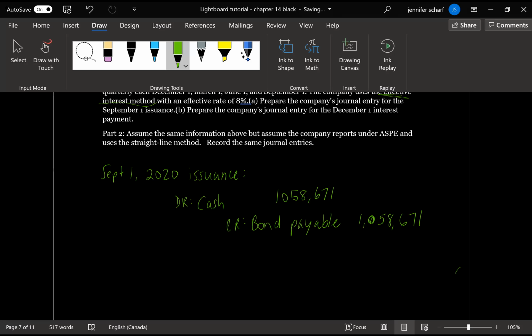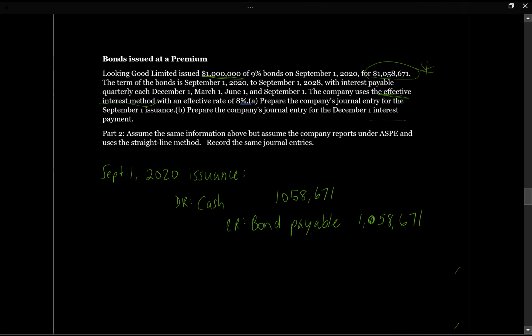Okay, so next we're asked to record the journal entries for the next interest payment. The December 1st interest payment is the one entry that we're asked to do. So let's just set up an amortization schedule here quickly. We're going to have the date of each payment.